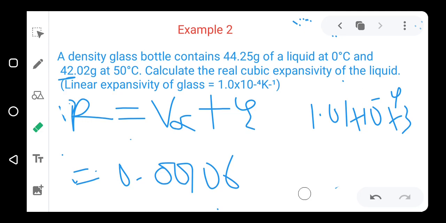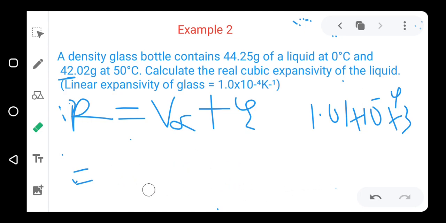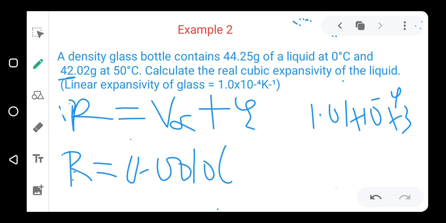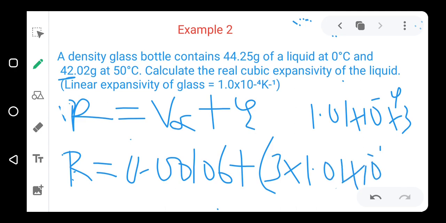So our real expansivity now is equal to what we have for apparent cubic expansivity, 0.00106, plus the cubic expansivity of the vessel, which is now 3 times 1.01 times 10 raised to power minus 4.